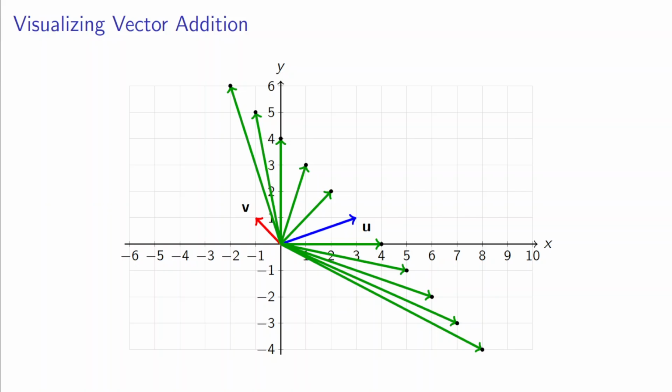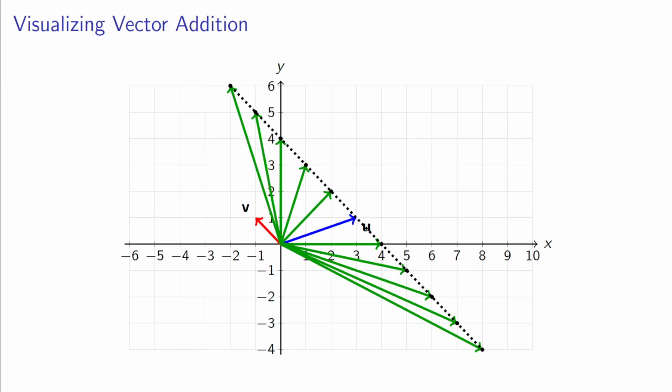So we've got all of these vectors. Again, all of these are of the form u plus some scalar, maybe I'll call that k, times v. What I want us to notice here is that if we draw all these in standard position, starting at the origin, then if we connected all those endpoints, we would get a straight line. So something interesting there. What is that line?